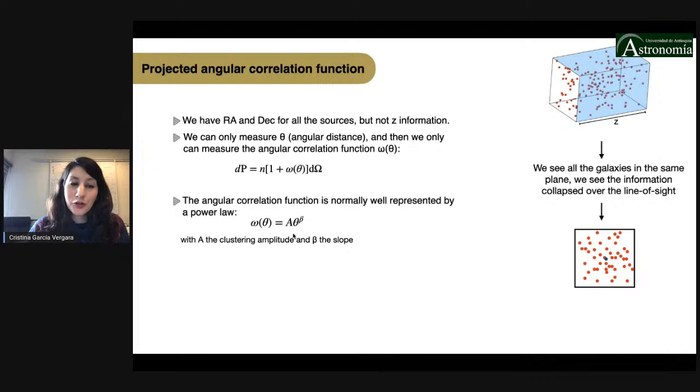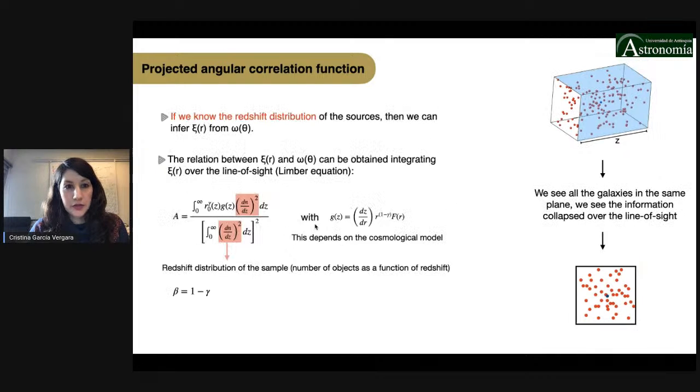But those are not the same as R0 and gamma. Then you have to make a procedure to convert those parameters to the real space parameters. To do that, you need to know the redshift distribution of the sources that you are working with, which is actually something that is normally not very well known.